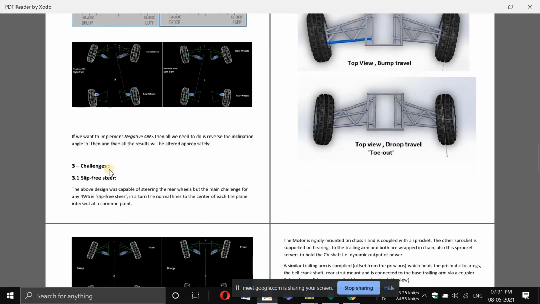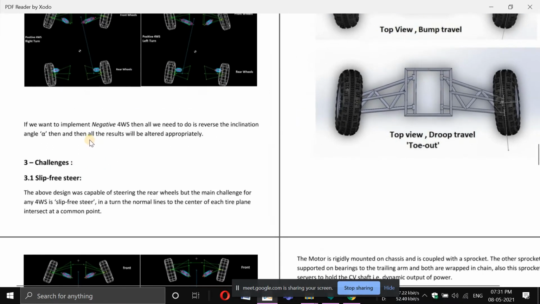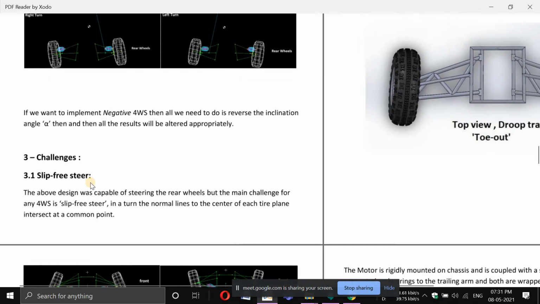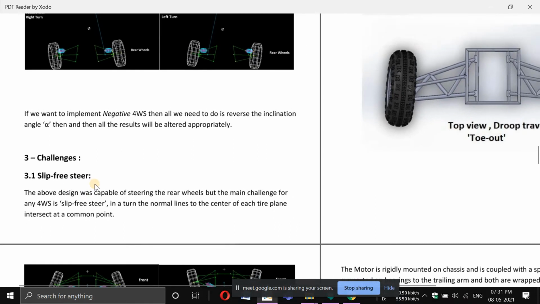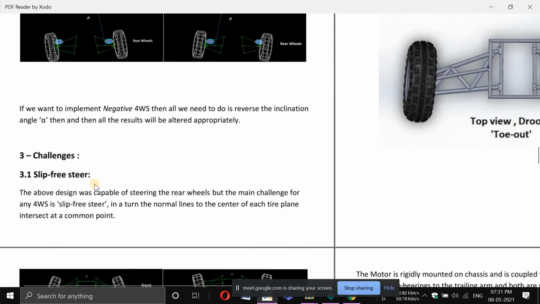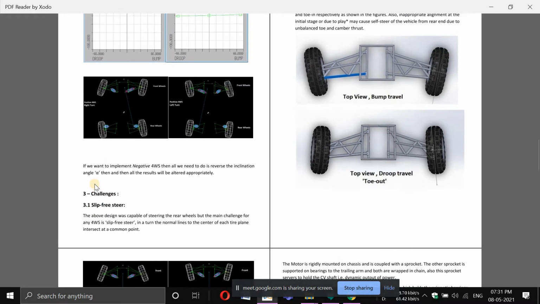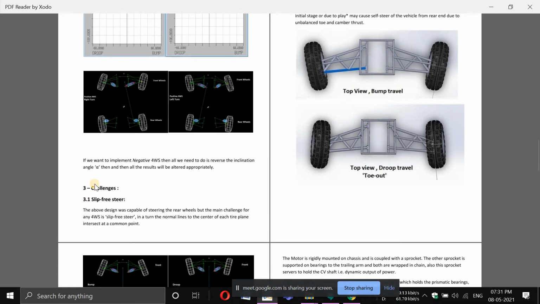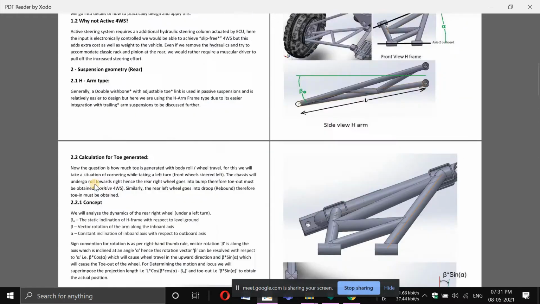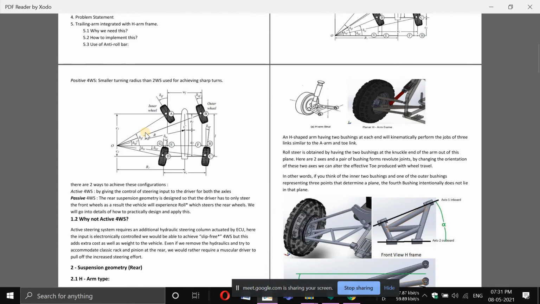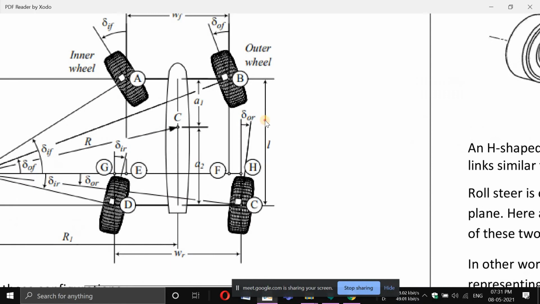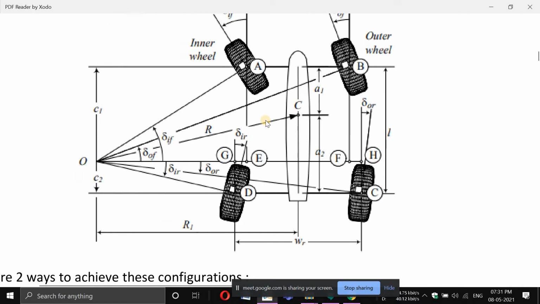So, sir, one of the challenges was slip-free steer. One of the challenges in four-wheel steering is to obtain a single-point turning radius, like in this diagram. The turning radius is obtained by drawing a normal to the tire plane.